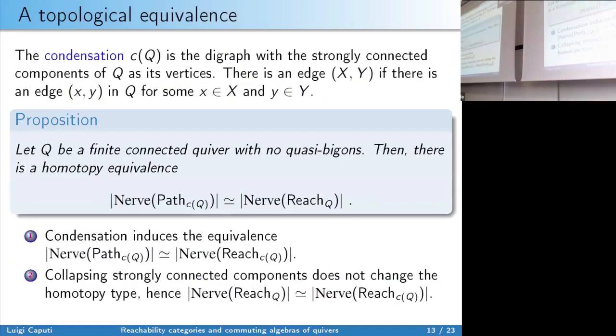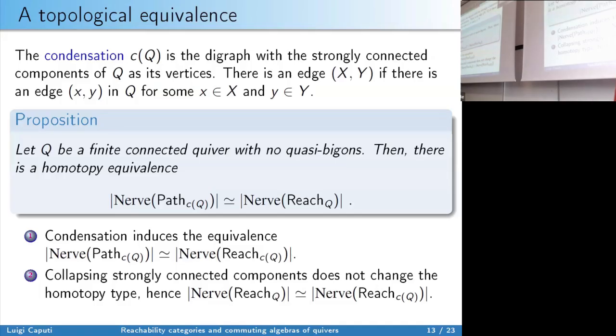So let me go back now to a sort of classification of the equivalences between the path categories and the reachability categories. The fact that strongly connected quivers are contractible allows me to use the condensation of quivers to prove that if Q has no quasi-bigons, then there is a homotopy equivalence between the nerve associated to the free category on the condensation of Q and the nerve of the reachability category of the quiver itself.